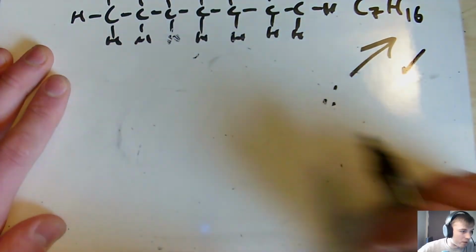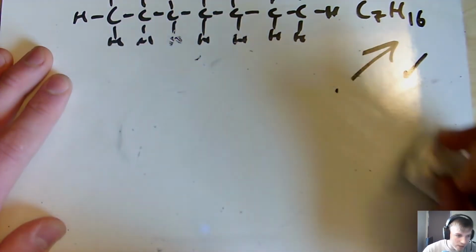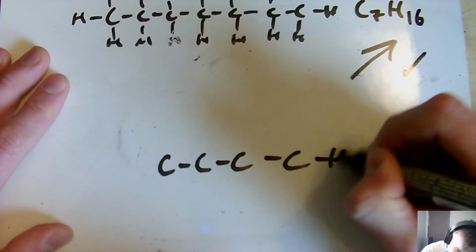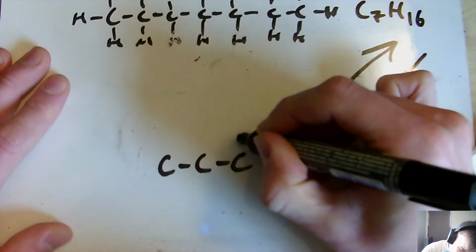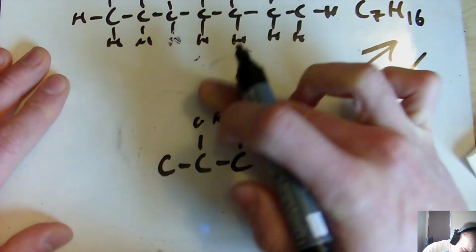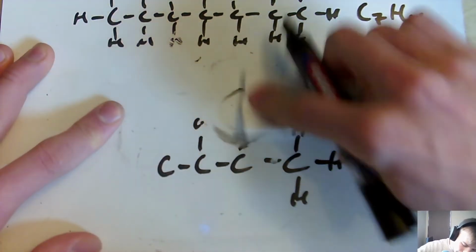Oh, I shouldn't have rubbed that out. You can also have, if we moved one of those methyl groups onto the third carbon, 2,3-dimethylpentane. If I do the final variation that I think is possible, try and fit all these methyl groups in nice and tidily. Not helping myself.